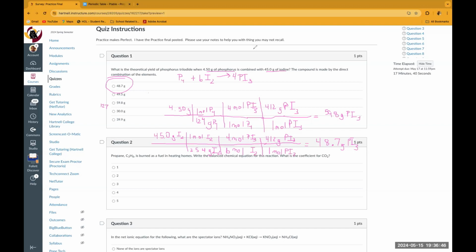And so what we want to do is figure out how much we can make before you run out of it, right? And so that's always going to be your lower number. If you figure out your product, whatever your lower number is, that's how much you can make, because the other one is in excess. One of them is limiting. You're going to use it all up. Once it's all gone, you can't make anything else. Does that make sense?